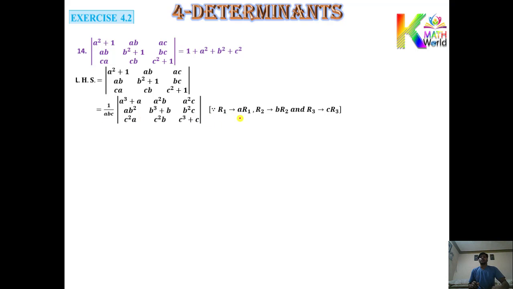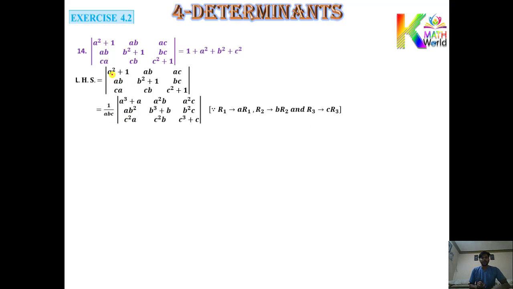Or another way, to adjust, when we multiply we have to divide also. So when we multiply inside by a, we have to divide by a outside. Same way, you multiply the second row by b inside the row elements, then you have to divide by b outside also. Same way for the last row.